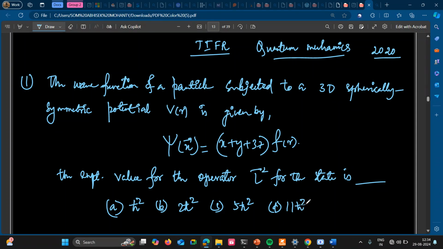So this is the question. The wave function of a particle subjected to a 3D spherically symmetric potential V(r) is given by psi(x) equal to (x plus y plus 3z) f(r). The expectation value of the operator L square for the state is dash. Okay, try this question.